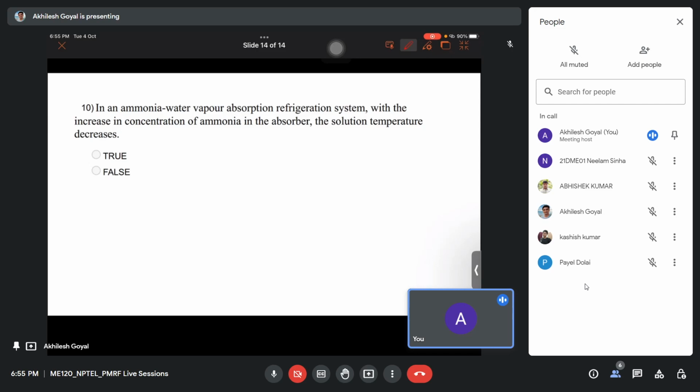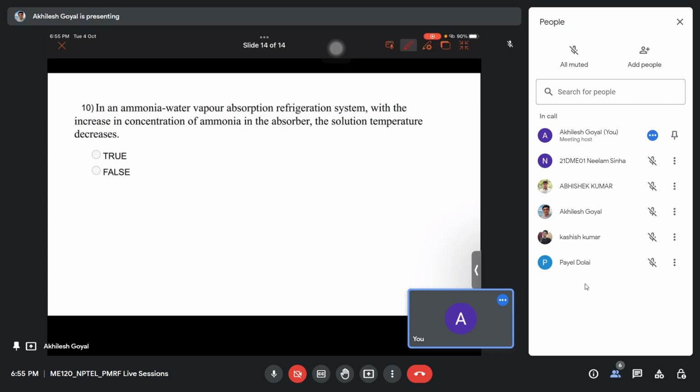So it gets absorbed in this weak solution, and releases the latent heat of condensation. Okay. So this latent heat of condensation it releases, and it tries to increase the temperature, and this latent heat of condensation is taken out by some cooling system or cooling water.